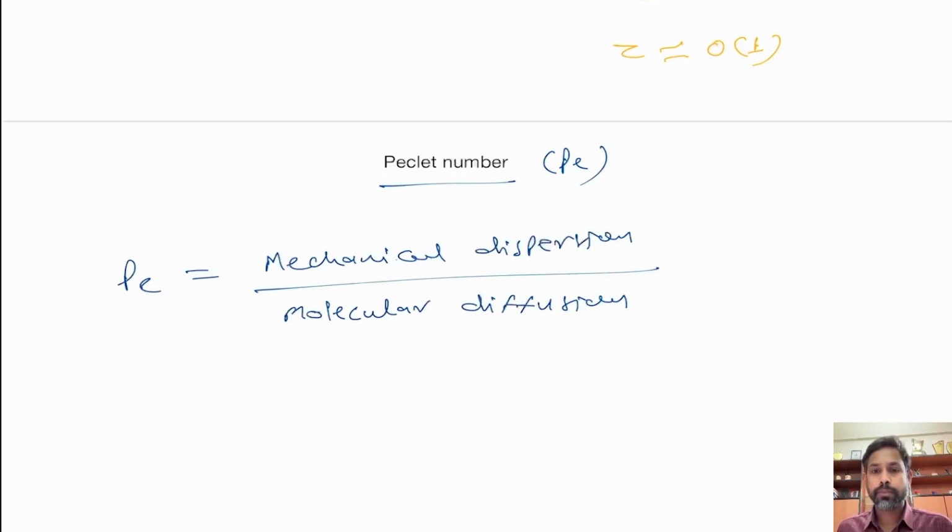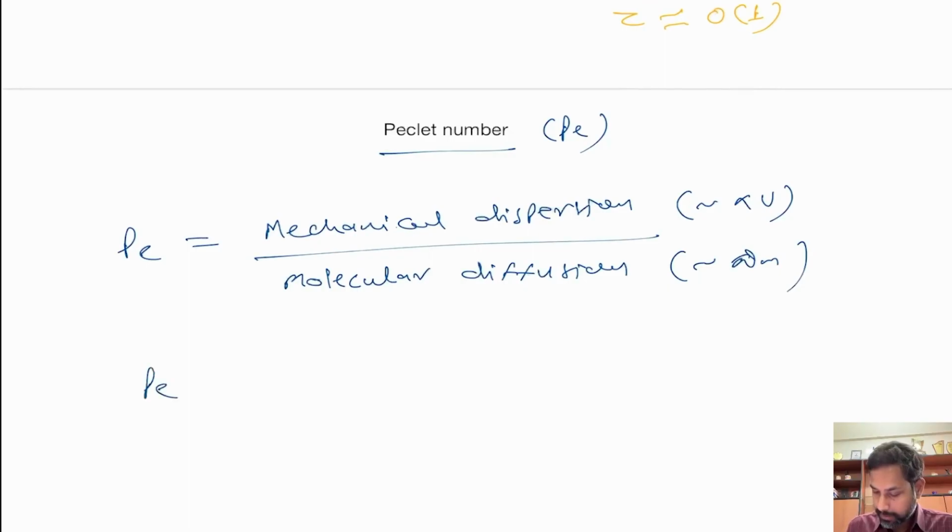Okay, so this gives you a relative comparison of these two different processes, which obviously happen together, but the total mixing may be happening because of molecular diffusion or mechanical dispersion, right? So this one is basically alpha u, and this one is Dm, right? So the Peclet number can be defined as alpha u over Dm over tau.